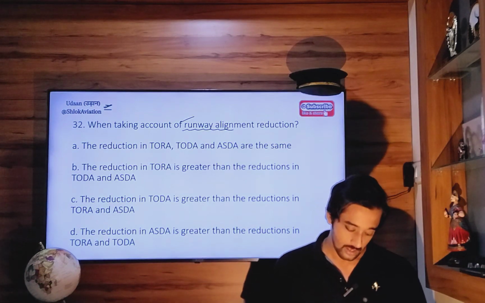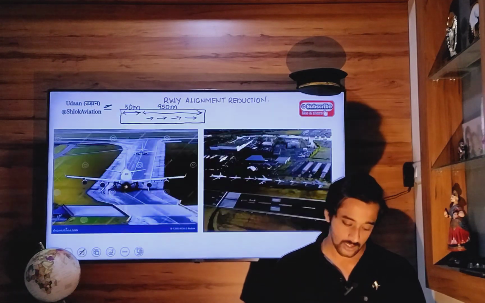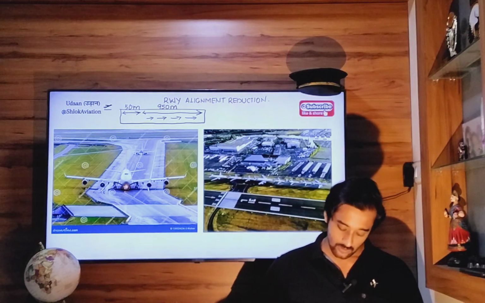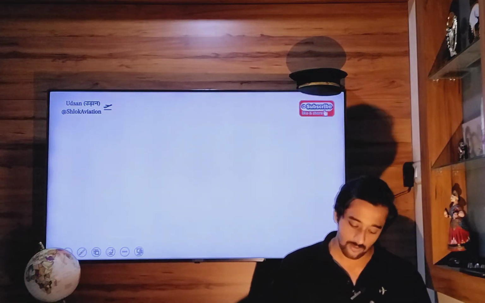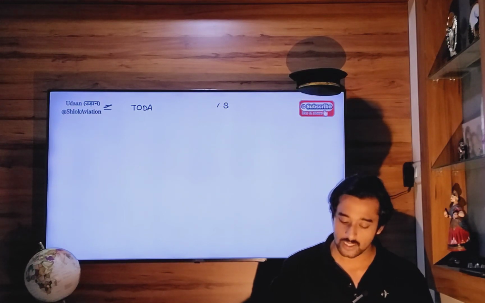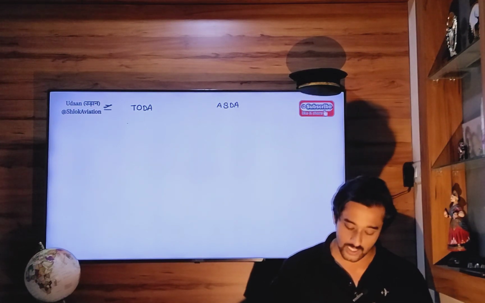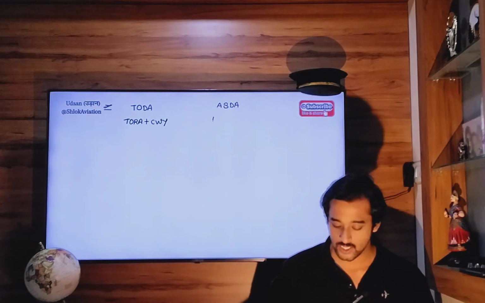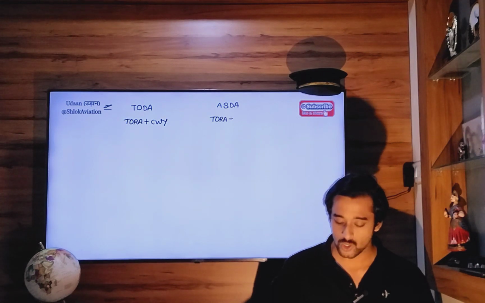So what happens now? There are two things: takeoff distance available and accelerate stop distance available. The takeoff distance available is takeoff run available plus clearway. Accelerate stop distance is takeoff run available plus stopway.